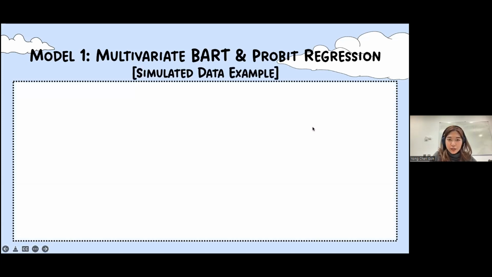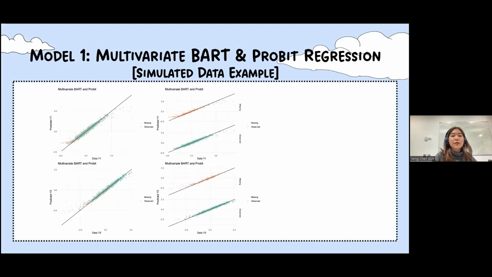So just to show you a simulated data example. I simulated a bivariate data set with some predictors, and then I made some of the response variables go missing on purpose and gave it to the model, and then tried to get predictions for the observed and the missing data.